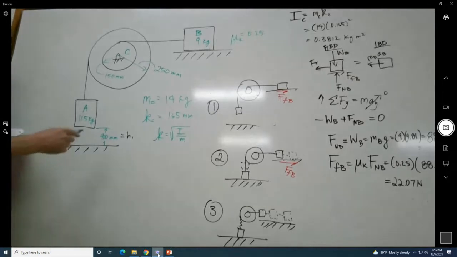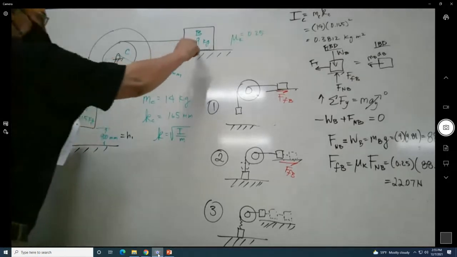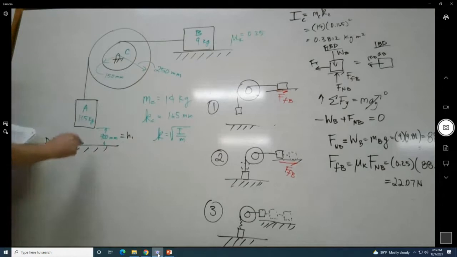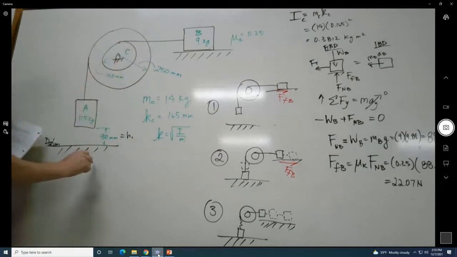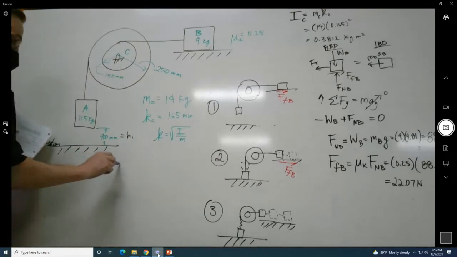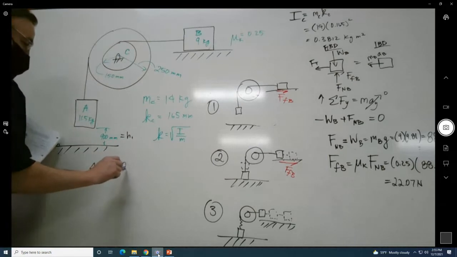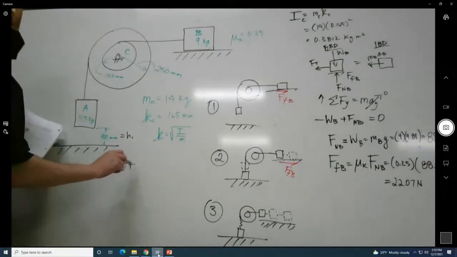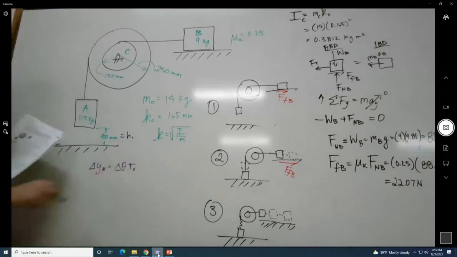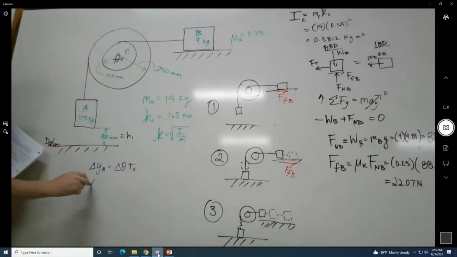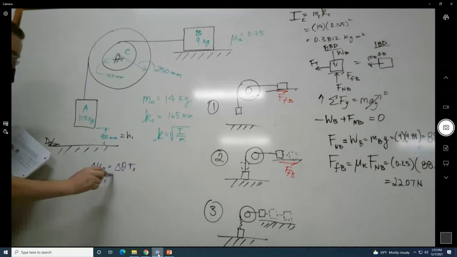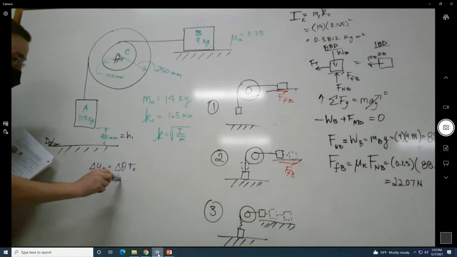So if I wanted to find the distance, let's say I want to know the angular distance that this thing moves, right? I would say that I'd have delta Y is going to be my delta theta times my RO, or the angular position change of this thing. So delta theta is going to be delta Y over RO, right?